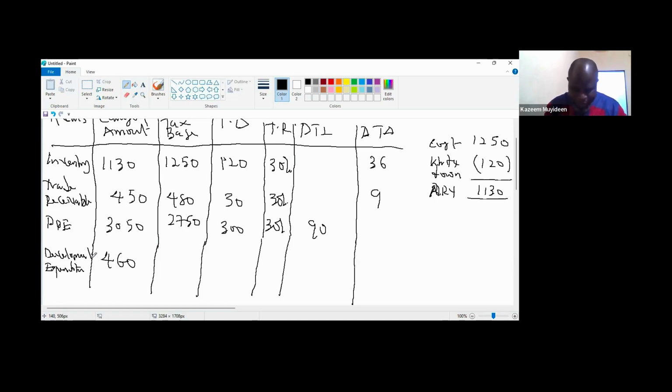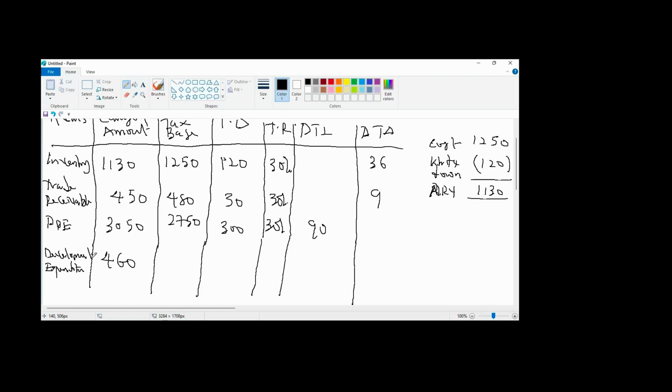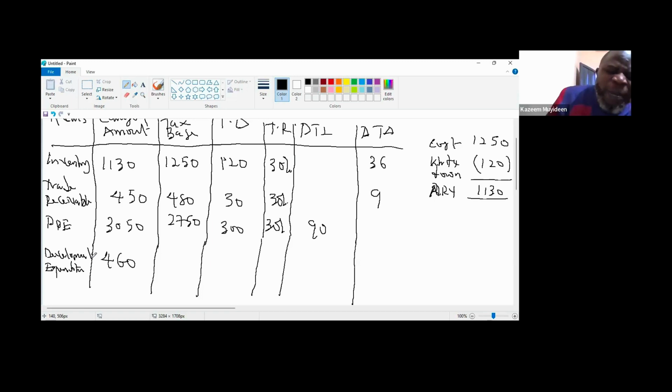Let me give this explanation now. For example, if you buy PPE for 100 million, and the accountant says I'm going to charge depreciation of 20, so at the end of the year my PPE will be 80. But the tax people say, no, we are going to give you 100% of the asset, go and utilize everything.